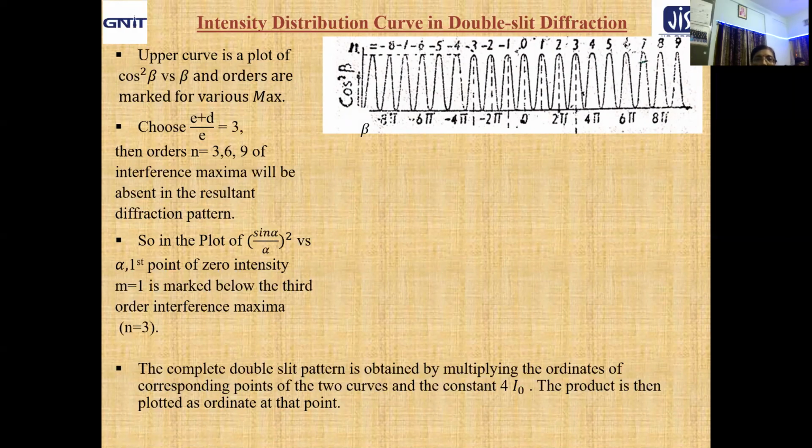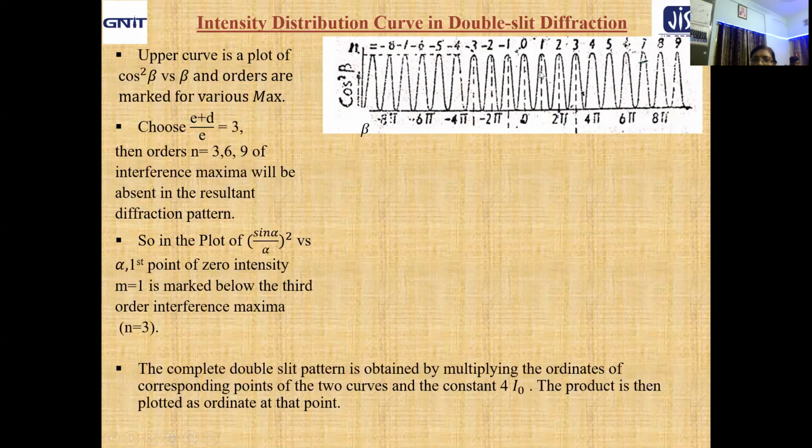Let us first take a look at the upper curve, which is a plot of cos square beta versus beta, with orders marked for various maxima for the intensity distribution curve in double slit diffraction. So this is cos square beta, this is beta. This is the central maxima. So this is 0.